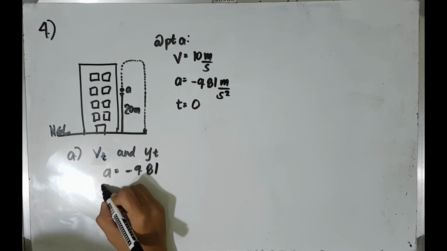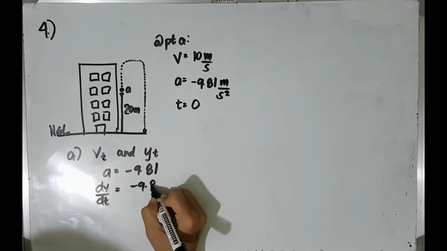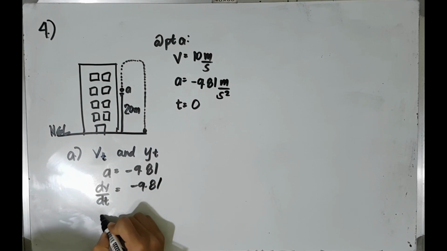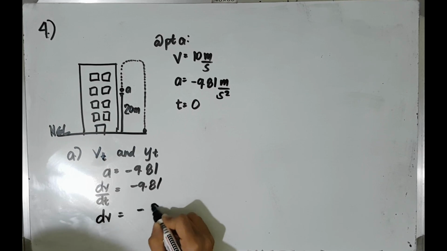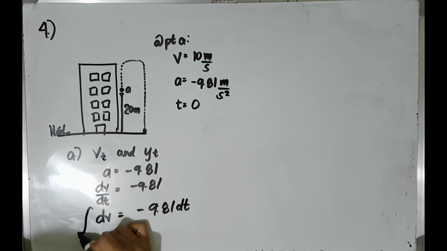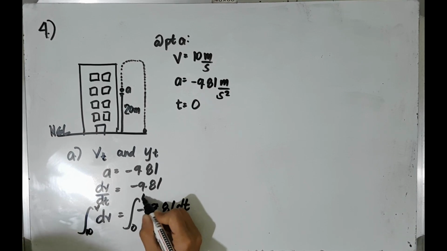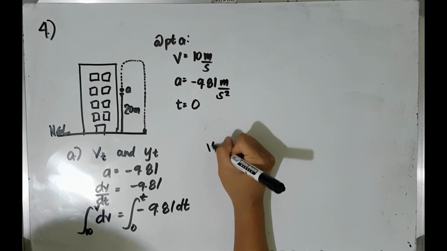So the acceleration is negative 9.81. We will integrate acceleration. So integrating this one, negative 9.81 dt, and the lower limit here is 10, and the upper limit is at a certain v, and then it is equal to negative 9.81, lower limit of 0, upper limit at t.